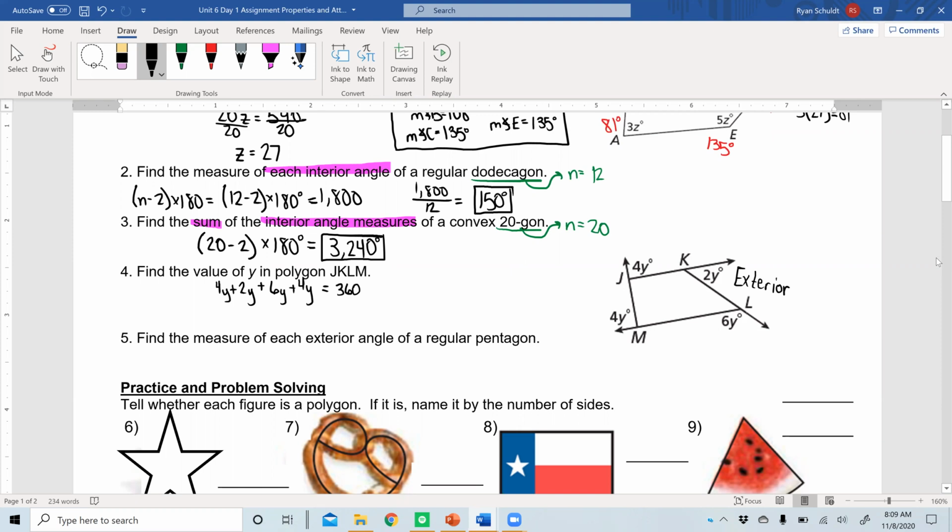Let's see, that's going to be 16y equals 360. Then, of course, I have to divide by 16. And I'll get that y equals, you can either say 45 over 2, or you can put that as 22.5. Either one works for me.